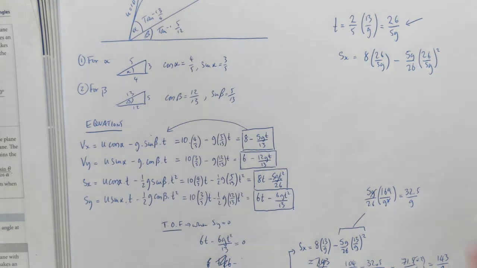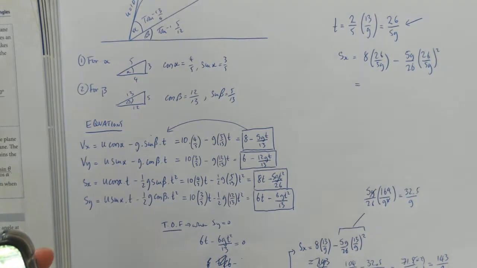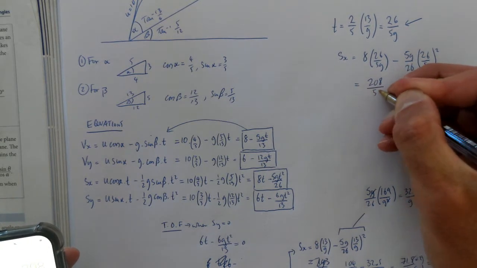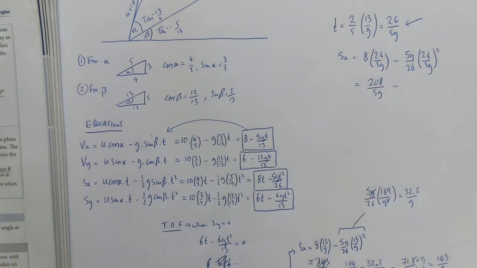Give me a second to work that out, guys, or you can work that out with me. 8, 10, 2, so that's 208 over, I'll leave the 5g there, okay? 26 times 26.